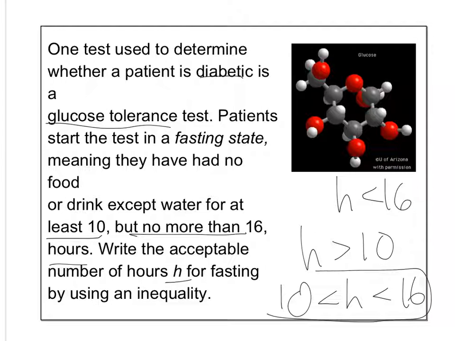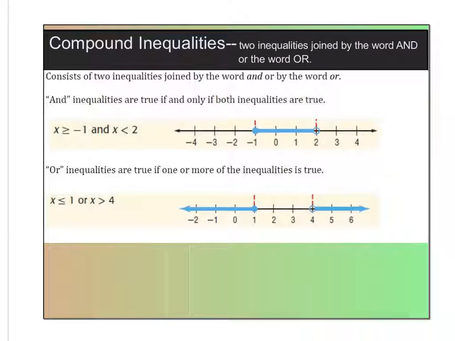So here is your compound inequality because it gives you the range of numbers. Compound inequalities usually mean "and" or "or." These are the big words that we're looking for. "And" will give you a range of what your possible solutions are.